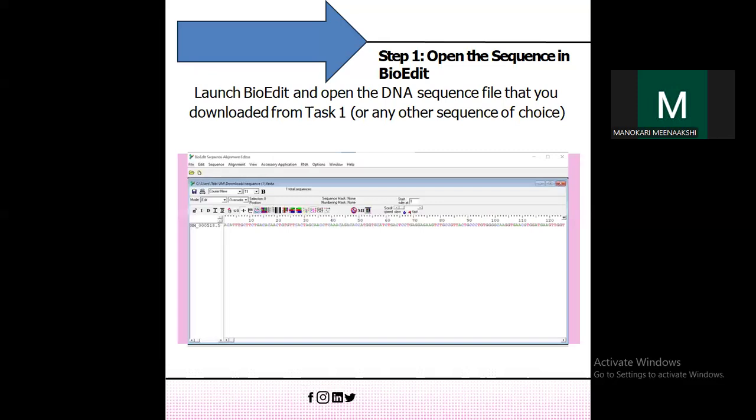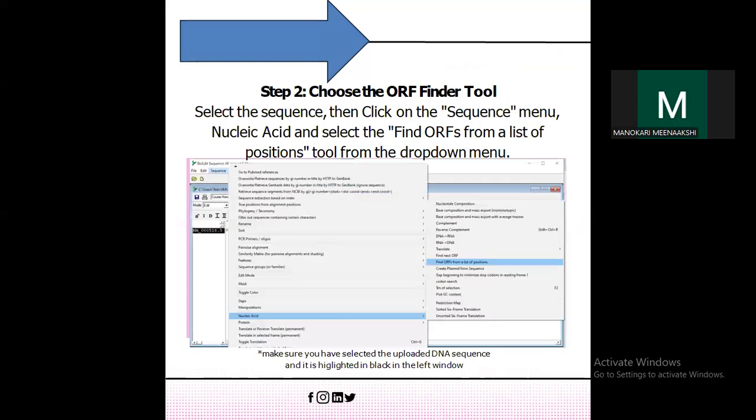First, we are going to open the sequence that we downloaded in task 1. We are still continuing with that DNA sequence file. Then we are going to open the BioEdit software and load the sequence. After loading the sequence, we are going to choose the ORF finder tool in BioEdit.